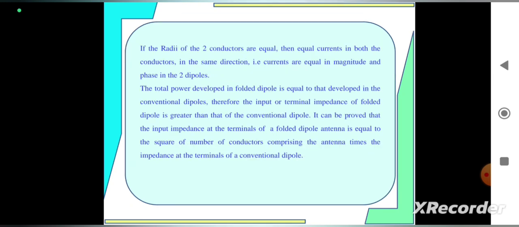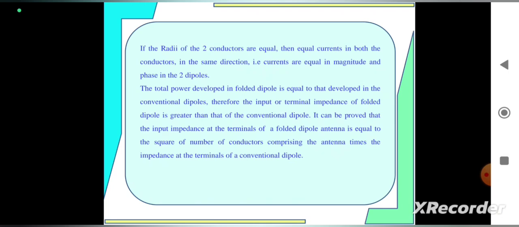Next, because we are using two conductors, two dipole antennas, if the radius of the two conductors is equal, then equal current flows in both the conductors in the same direction. That is, currents are equal in magnitude and phase in the two dipoles.